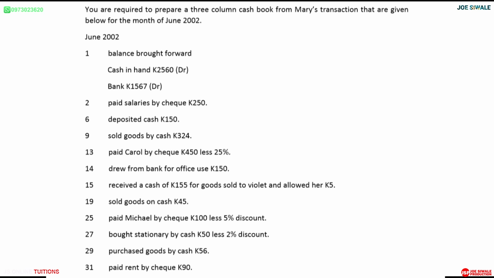Then on the 15th of June, received cash of 155 for goods sold to Violet and allowed her 5 kwacha discount. Received cash means that money was coming into the business, so we're going to debit the cash account. And since we allowed Violet a discount of 5 kwacha, we're going to record that 5 kwacha in discount allowed.